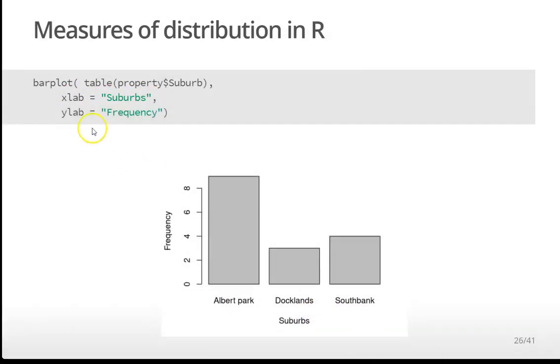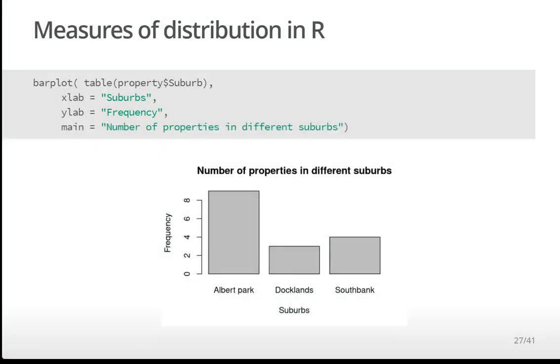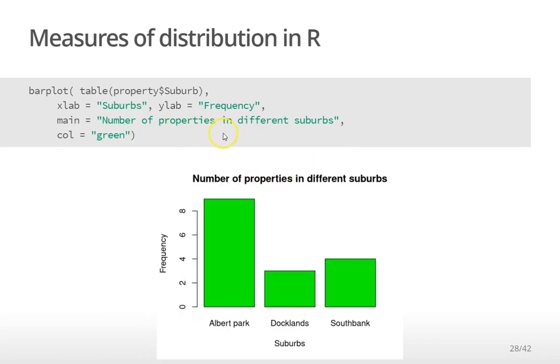The next argument would be ylab equals frequency. So I'm telling it shows the number of repetitions. So a bit more information. Then I can say the main argument should be number of properties in different suburbs. It just helps the audience to understand more, and it's going to appear here.